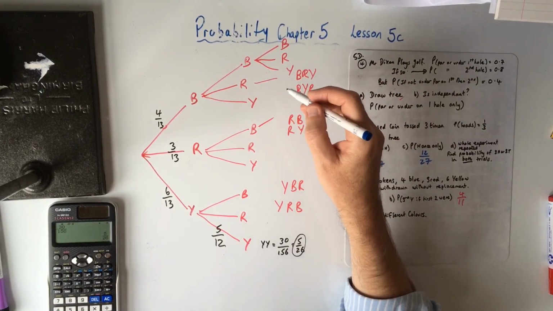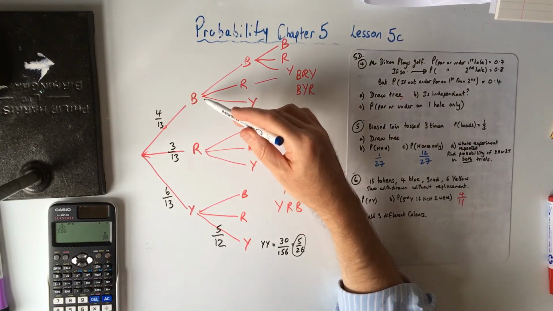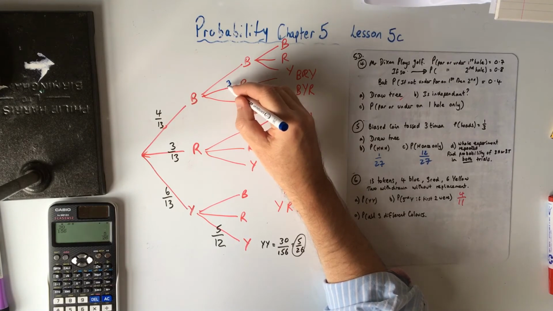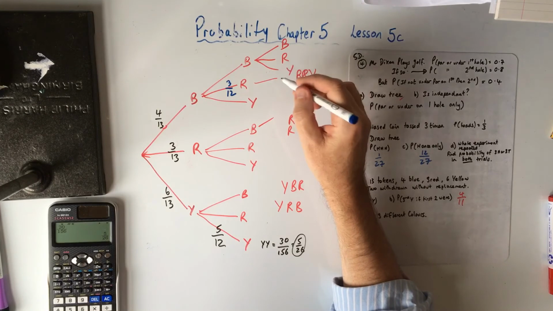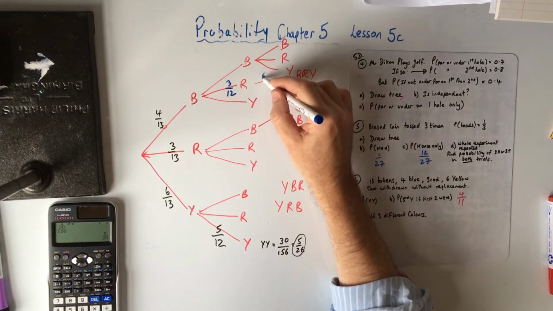So, right. Blue, then getting a red would be 3 out of 12. And getting a yellow would be 6 out of 11.